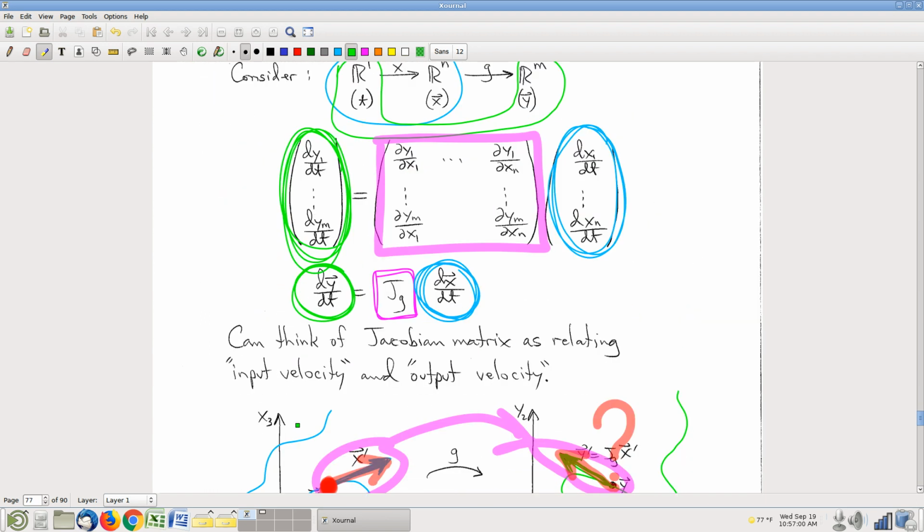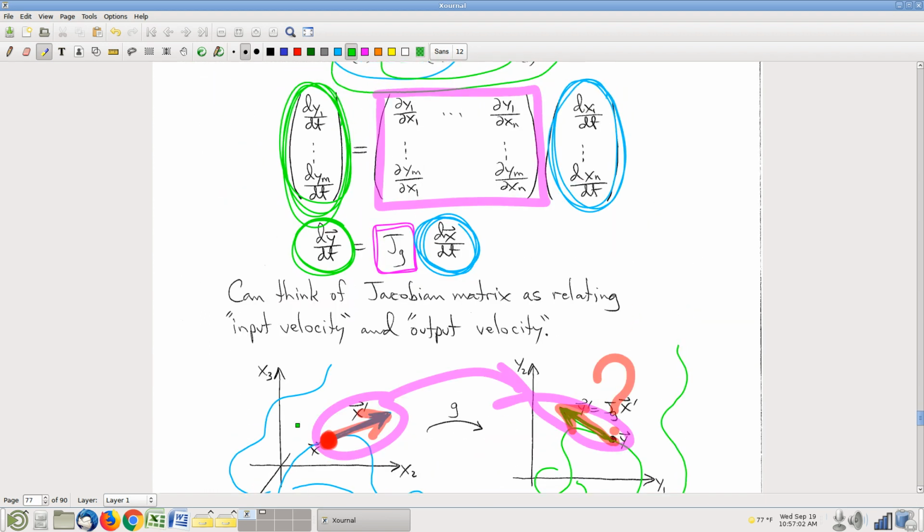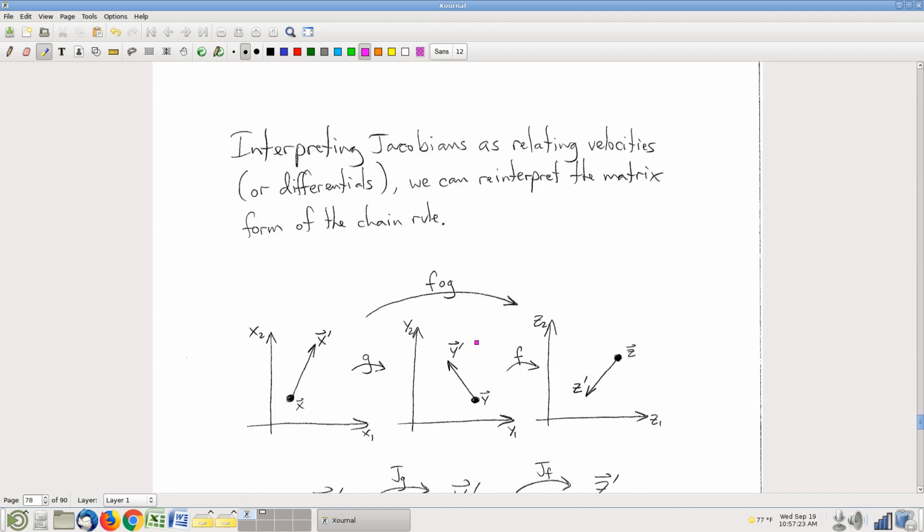It's going to hinge on interpreting Jacobian matrices as things that take input vectors and give you output vectors. Input velocities give you output velocities. Multiplication by the Jacobian relates velocities. And here we go. Let's consider this scenario.